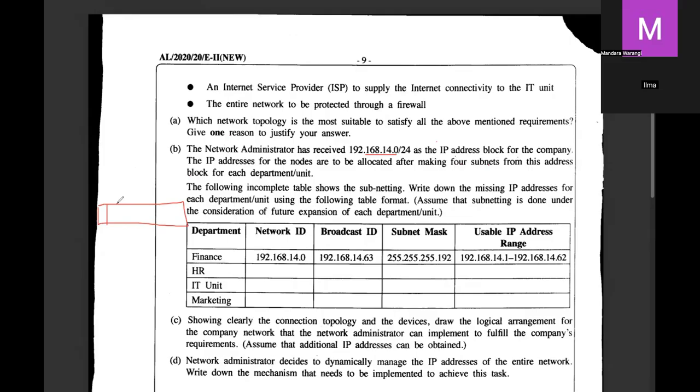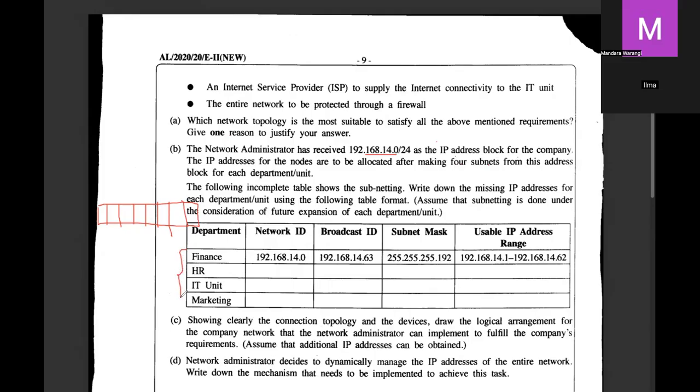We have 8 bits in one octet: 1, 2, 3, 4, 5, 6, 7, and 8. Right? So we have to divide this into four subnets.